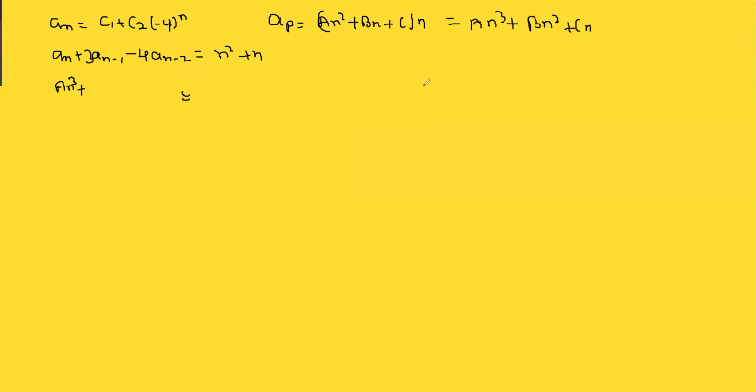Okay. See. If anything, either n square, n or c comes in, or you can say does not come in homogeneous, then... okay. Question number 17. Yes.